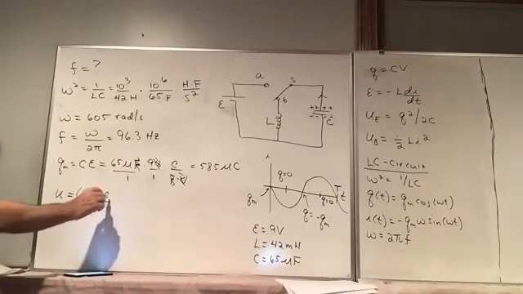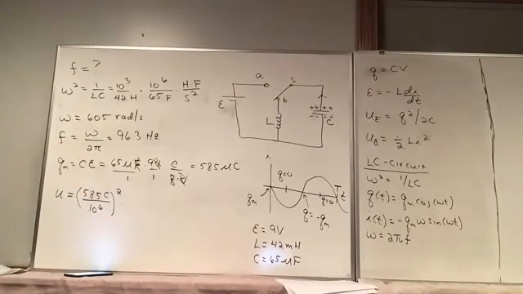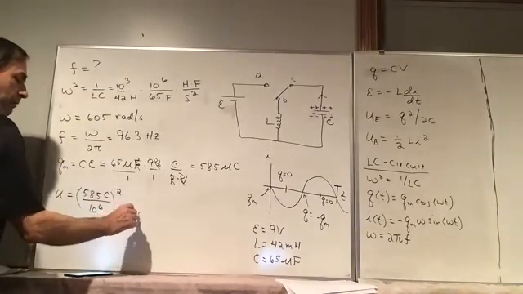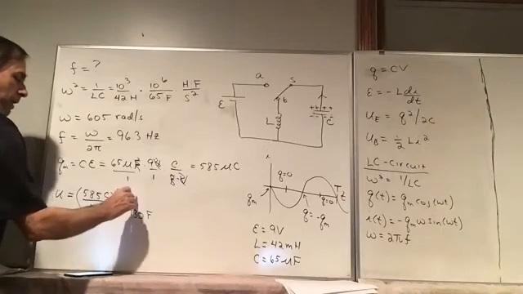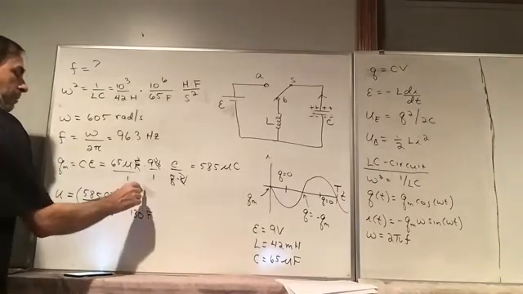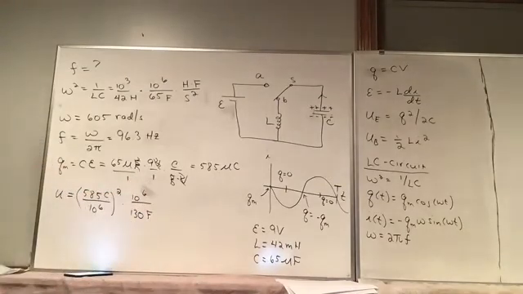Micro is 10 to the minus 6, and then 2C would be 130 microfarads. So micro, 10 to the minus 6, or 10 to the plus 6 on top, and one of those will cancel out.